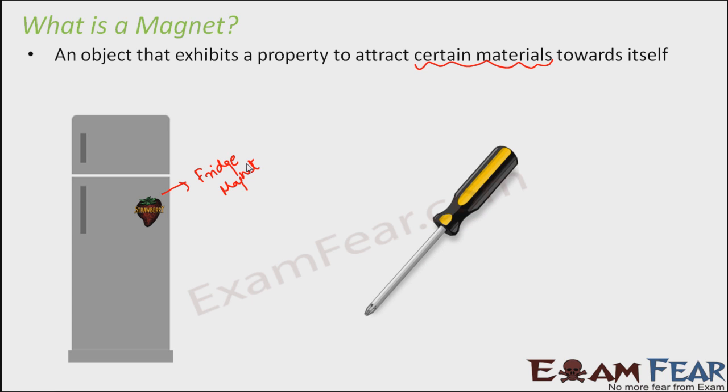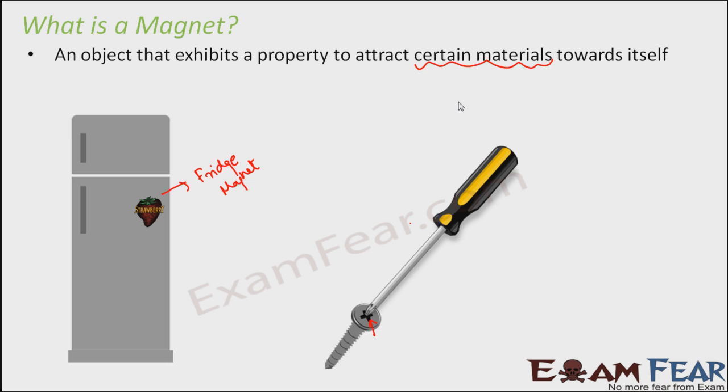Similarly, if you have a screwdriver in your home, observe the tip of the screwdriver. Let me ask you something: why do we use a screwdriver? Mostly when you want to fit a screw into something to fit two different parts of an object, or when you want to separate the two parts, then you unscrew it.